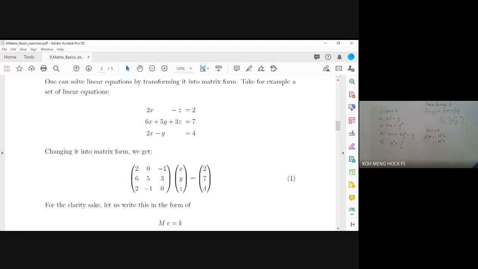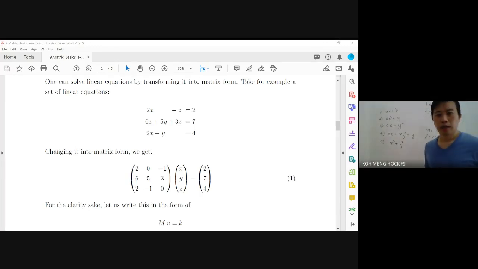Is the equation that I give you here a homogeneous equation? Faris says yes.